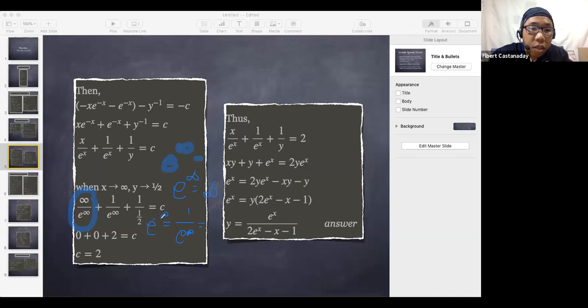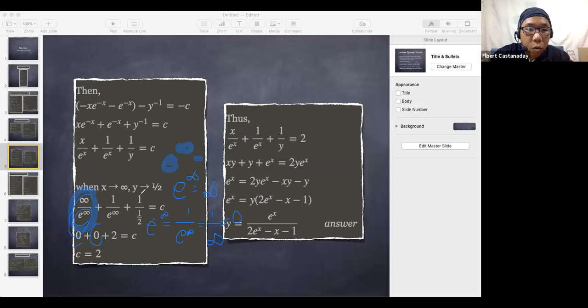And 1 over infinity, since e raised to infinity is infinity, 1 over a very big number is equal to what? Approximately 0. So having said that, 1 over e raised to infinity is 0. So 0 times infinity makes the term 0, and 1 over infinity is also 0.